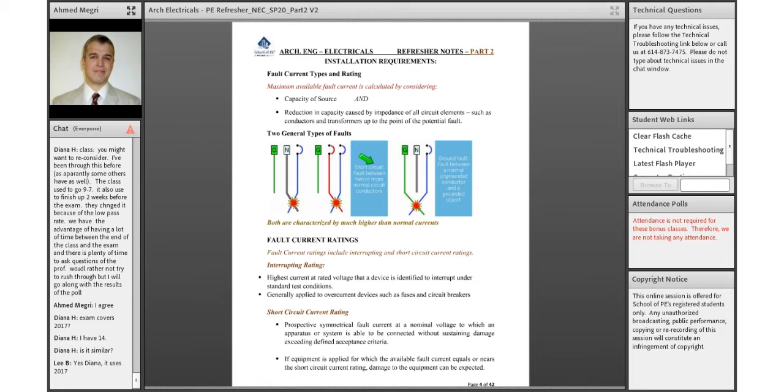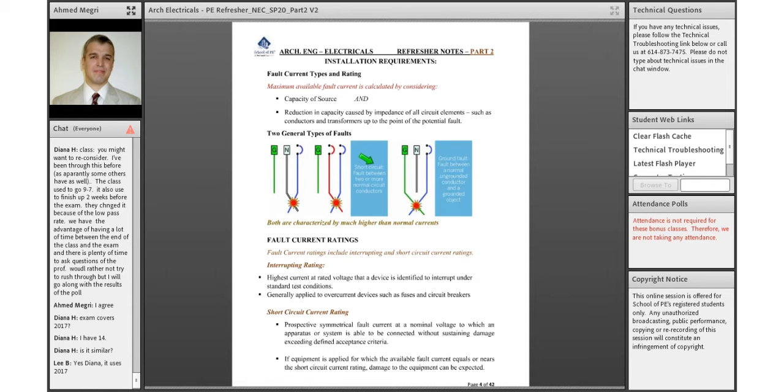For example, when you have a short circuit, see here you have the neutral and you have the hot and you have the ground. You take just one hot, maybe you can have two hots, but here we just represent one of them. Usually the neutral is not covered, sometimes it's covered, it depends, but the hot is usually insulated, so usually they cannot touch each other.